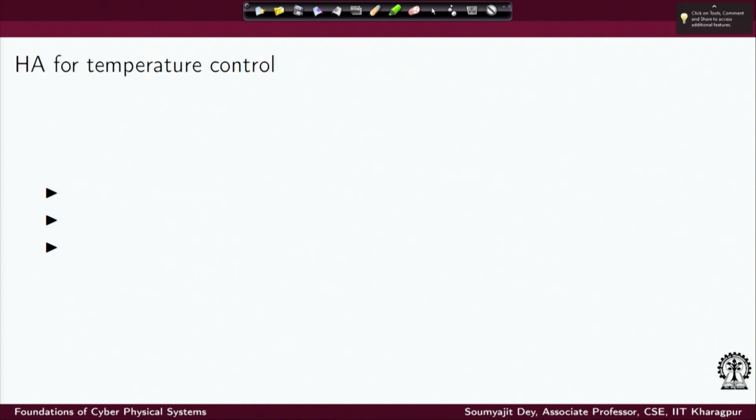So, let us first understand what we really want. We want the automaton to represent a controller which is trying to regulate the temperature in a room. What it does is it basically turns on or turns off a furnace, and it is trying to maintain the temperature of a room around 70 degrees.